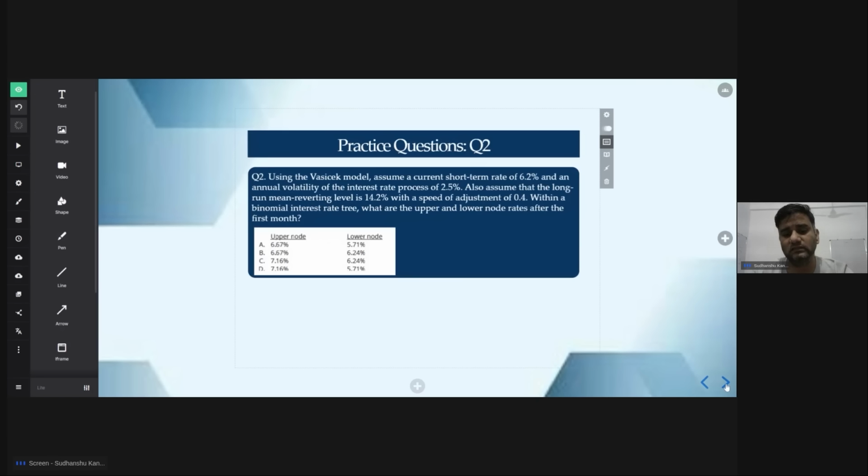Next question, guys. Using your Vasicek model, you are assuming a current short rate of 6.2%. Annual volatility of the interest rate process of 2.5%. Long run mean reverting level of 14.2%, so theta is 14.2%.